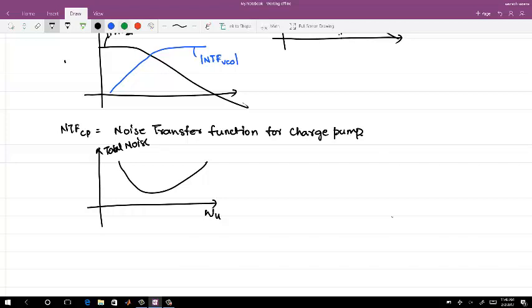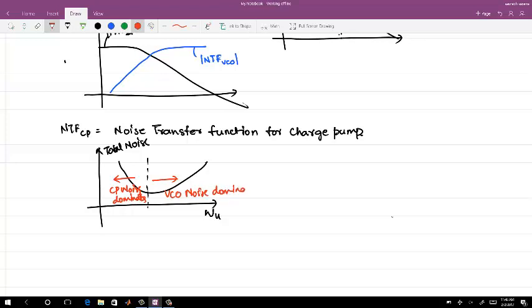So in the region where omega u is lesser than some value, your charge pump noise dominates, considering there is only charge pump noise, not the reference and others, and in this region your VCO noise dominates.